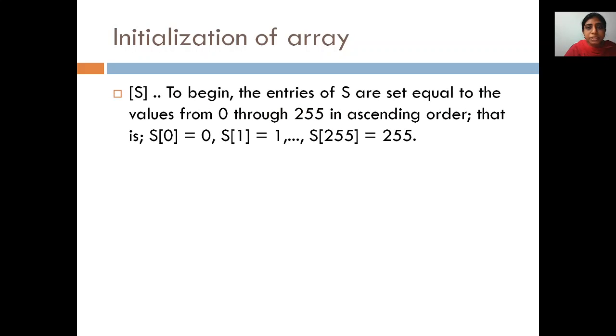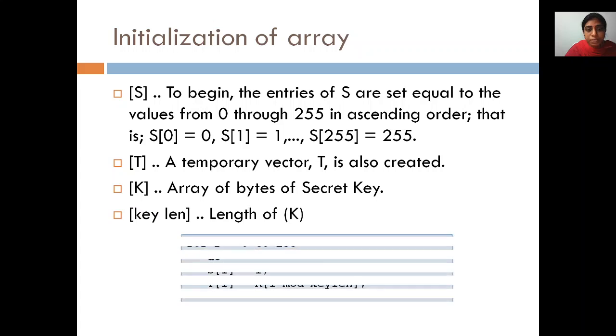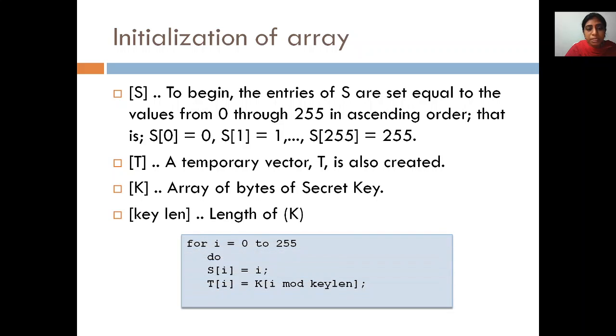For the initialization of the array to begin, the entries of S are set equal to the values 0 to 255 in ascending order, that is S of 0 is equal to 0, S of 1 is equal to 1, until S of 255 is equal to 255. Then we initialize a temporary vector T and a key, an array of bytes of the secret key. Then we apply the key length.